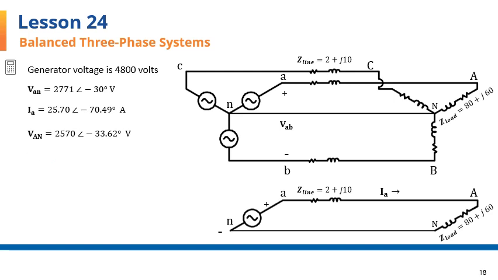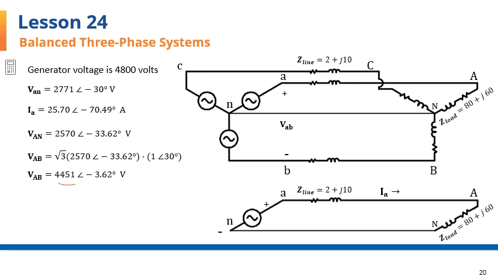Multiplying VAN by square root of 3 and adding 30 degrees to its phase angle will give the line-to-line voltage VAB, which is one of the questions of this example. And doing the math here, adding 30 degrees, multiplying by square root of 3, gives us 4,451 volts with negative 3.62 degrees of phase angle.